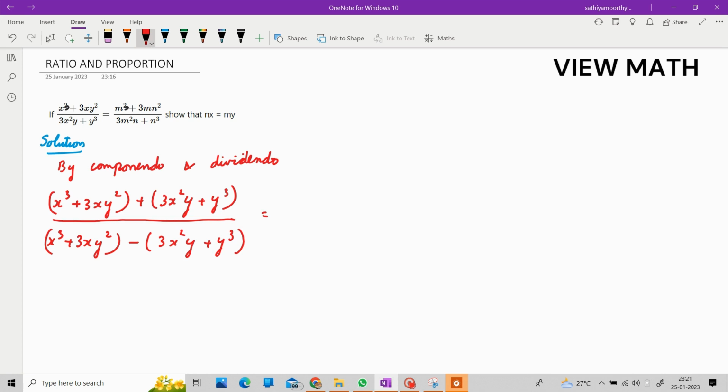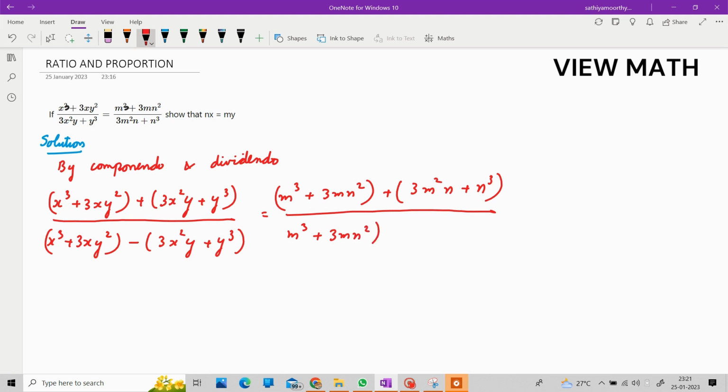This is equal to m cube plus 3mn square plus 3m square n plus n cube divided by m cube plus 3mn square minus 3m square n plus n cube.